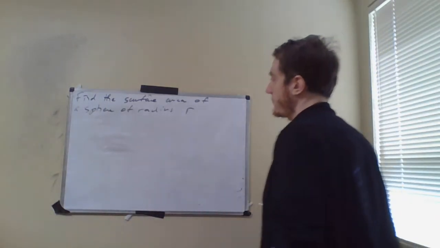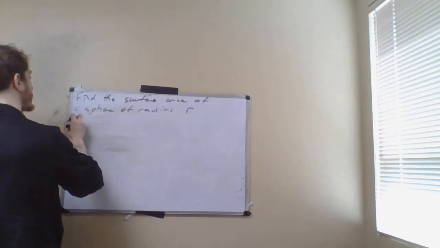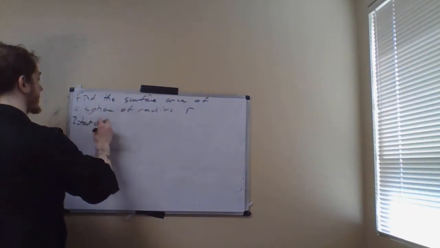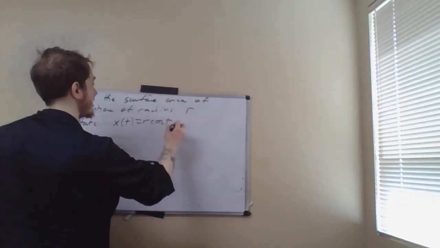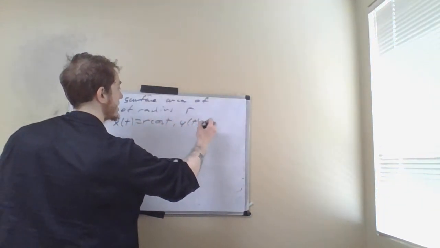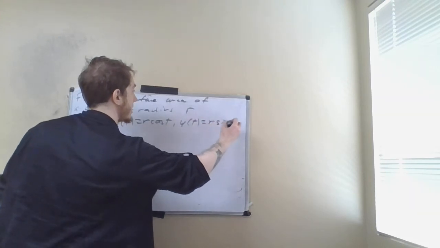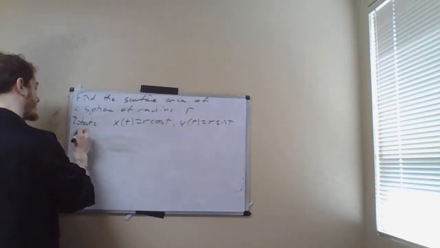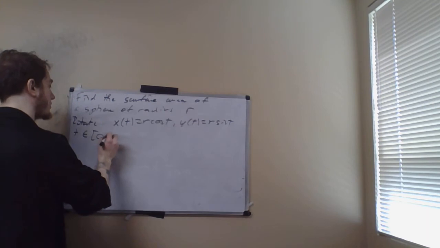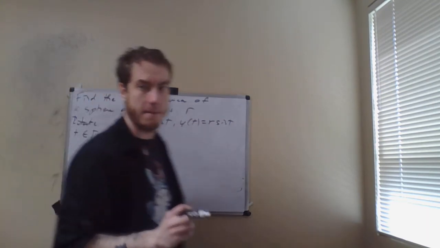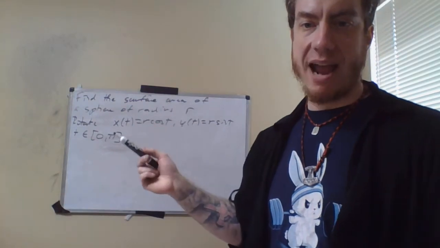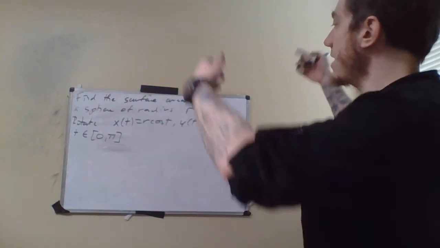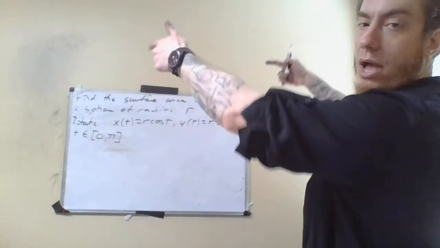Well, here's what we are going to do. We are going to rotate the system x of t equals r cosine t, y of t equals r sine t, with t being in the interval from 0 up to pi. Right, so think about what that is. That's going to give me the upper half circle, and I take that upper half circle and I rotate it.